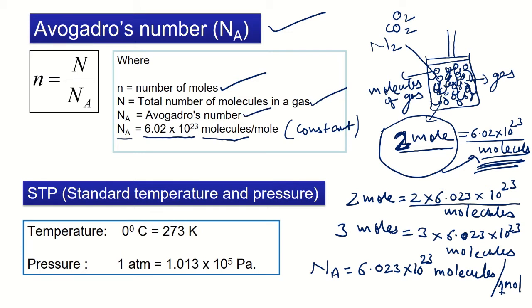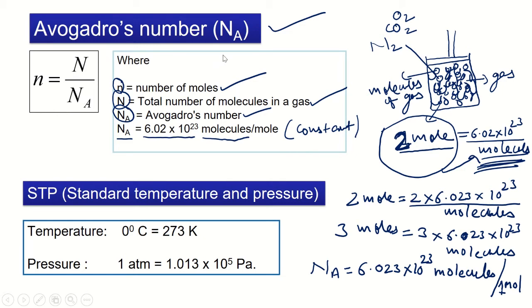The relation is small n equal to capital N divided by Na, where small n is the number of moles, capital N is the total number of molecules in the gas, and Na is the Avogadro number.